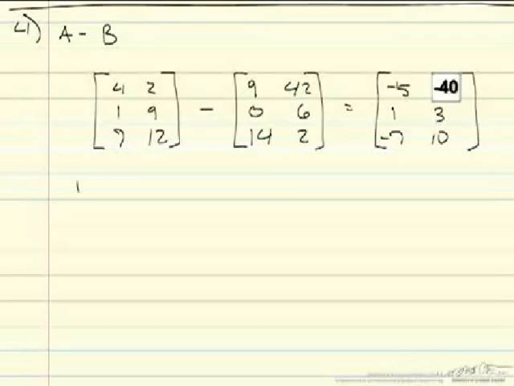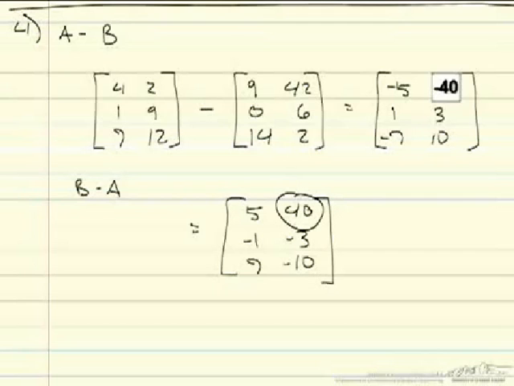If, for example, you had B minus A, you'd get something different. You just got the exact opposite. With the scalar subtraction, if you ended up switching the order, you'd be able to tell by looking at it what the other answer would be, because all you had to do was switch the signs.